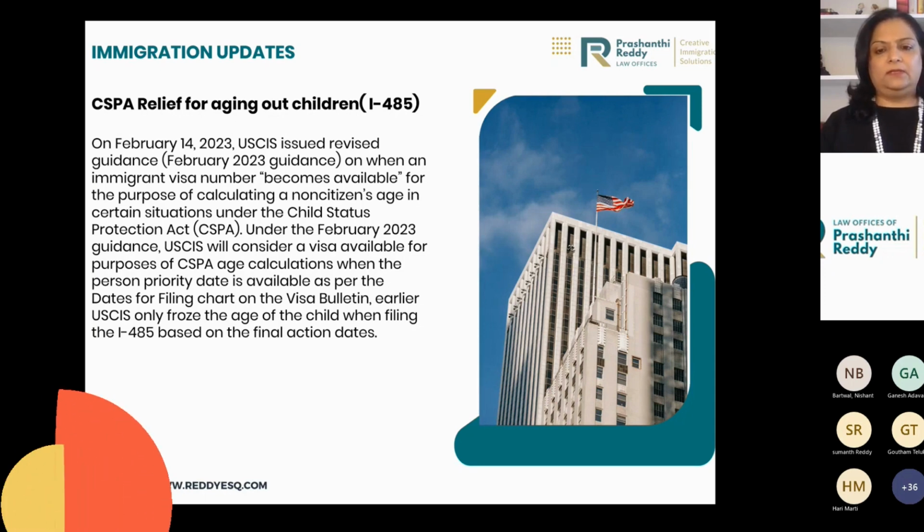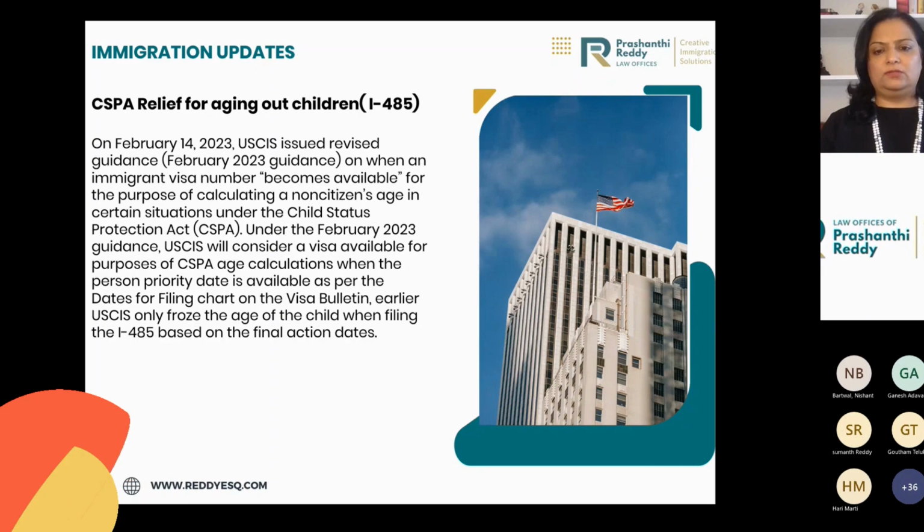But often when we file based on dates for filing, like we did thousands of cases based on that dates for filing table in October 2020, when a lot of green card numbers became available, a lot of 485s are still pending because the dates retrogressed, and the 485 didn't move to the final action date, so they were not able to actually get the green card.